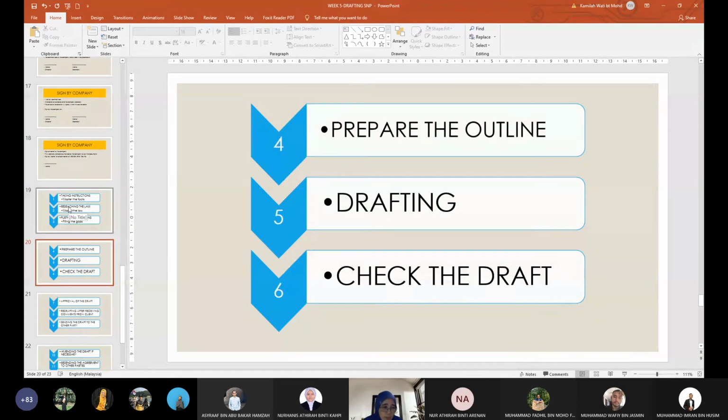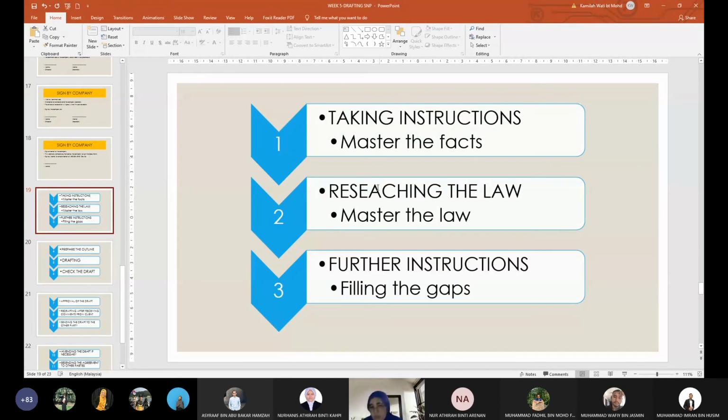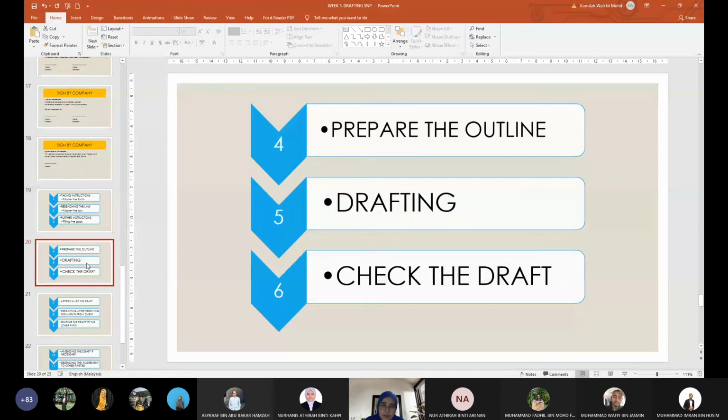Then when we do that, taking instruction, researching the law and master the facts, mungkin ada maklumat yang kita rasa perlu kita dapat further from our client. So further instruction, filling the gaps. Filling the gaps maksudnya once we have done that, kita rasa ada maklumat lain, kita akan contact balik client kita. Okay, so prepare the outline, drafting and check the draft.